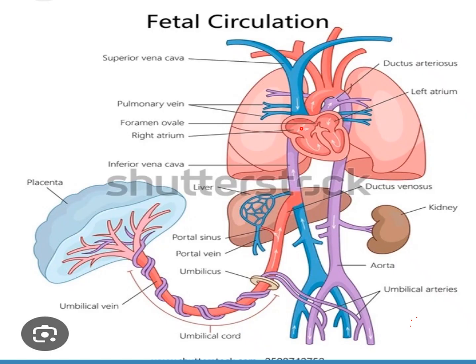So blood entering here mixes with a small amount of oxygenated blood, because blood coming down here is less oxygenated, but when it gets here it mixes with a little bit of oxygen, so it still needs to be supplied. So blood here will now go down to the right ventricle and then be pumped into the pulmonary artery.